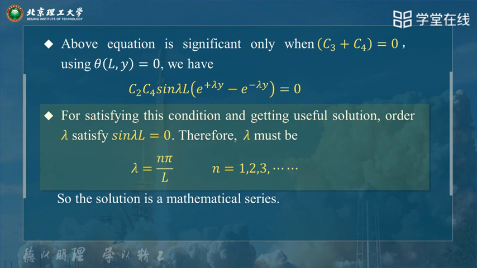Therefore, lambda must be n pi over L. Only when lambda equals n pi over L is sine lambda L equal to 0. In this case, n is 1, 2, 3, many terms. So the solution is a mathematical series.